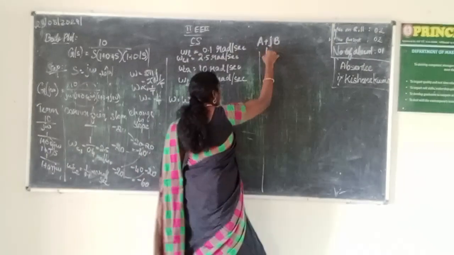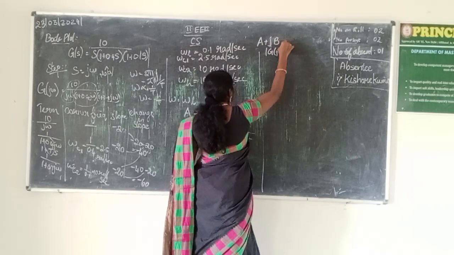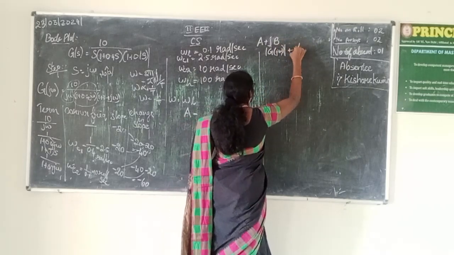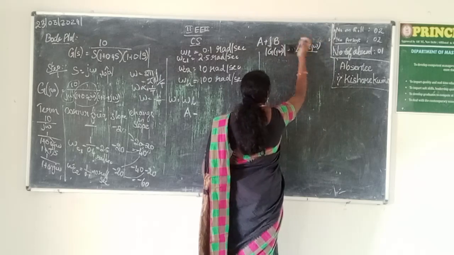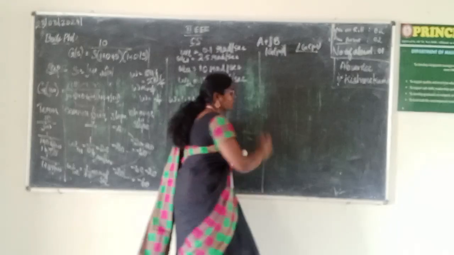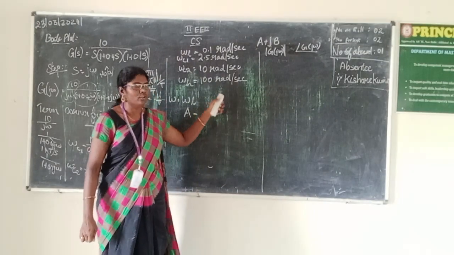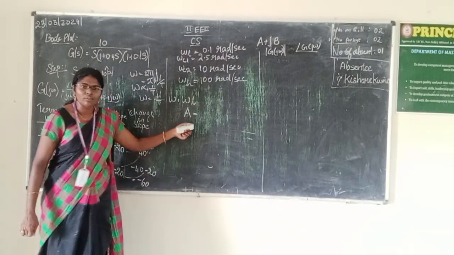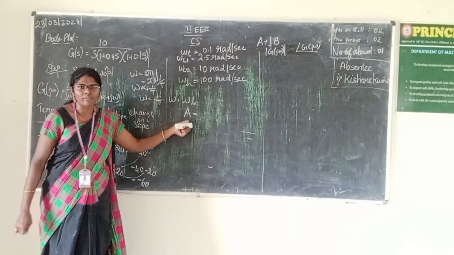This is magnitude of g of j omega plus angle of g of j omega. So for that, we have to find out the magnitude.